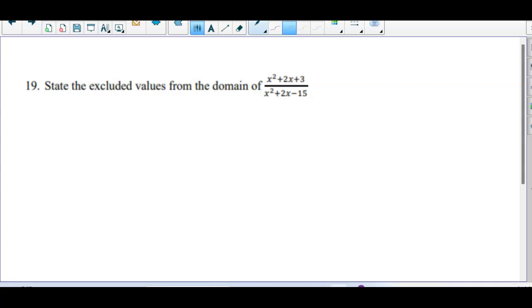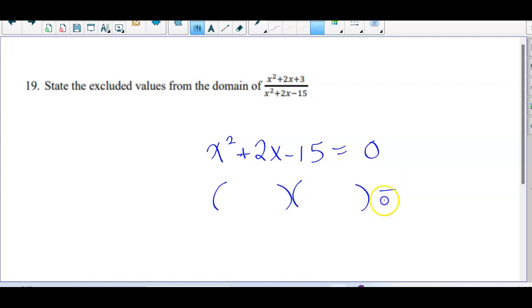All right, number 19. State the excluded values. All right, so the excluded values are the values that are going to make the fraction undefined. And that means anything in the bottom that makes the bottom, which is called the denominator, equal to 0. And when I set the denominator equal to 0, I get a quadratic. And the way that I solve quadratic equations is by factoring.